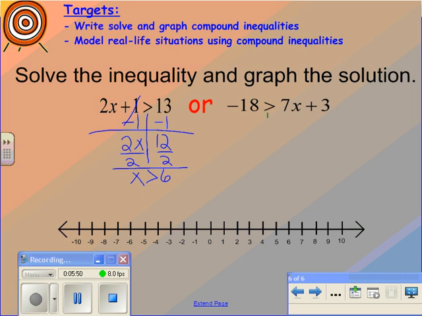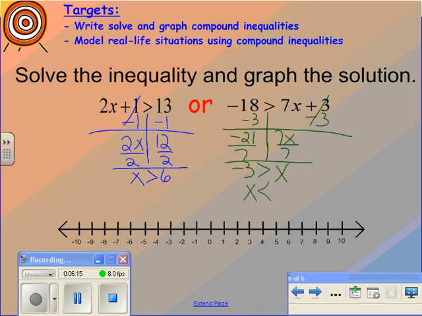Over here on the second side, my first inverse would be to subtract the 3, leaving me negative 21 and 7x. Again, dividing by the coefficient of 7 to isolate the variable, leaving the inequality symbol the same. So I actually have negative 3 is greater than x, or for those of you who prefer to put the variable first, it would be x is, remember to reverse the inequality, negative 3.